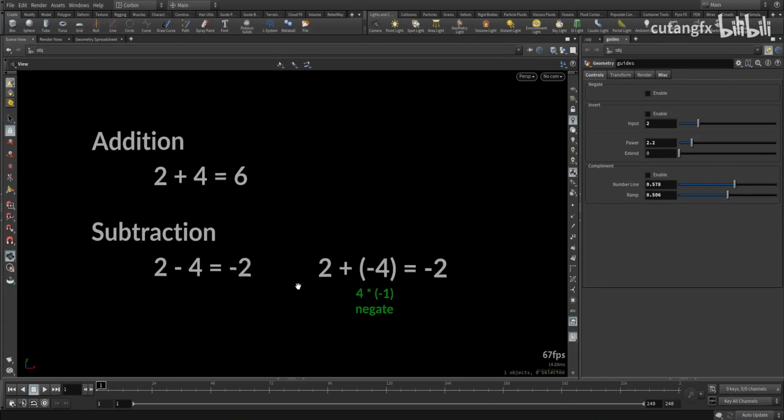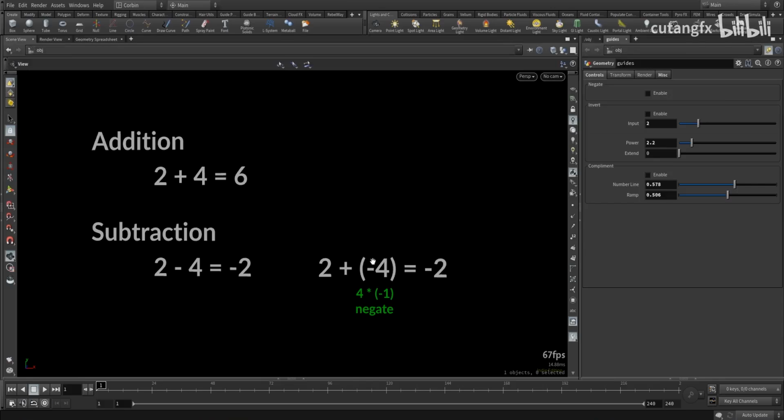But we can essentially express subtraction in the form of addition using a function called negate. So instead of thinking of 2 minus 4, we are essentially going 2 plus negative 4, okay? So this minus sign is actually attached to the 4. And if we negate the 4, then we essentially have addition.